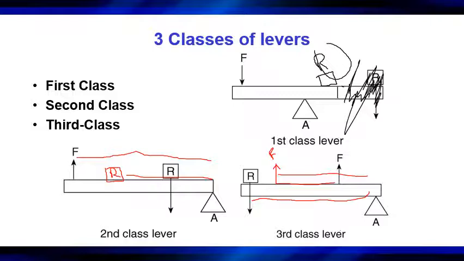So that resistance now is easier for you to move. If we kept this like this, we push down to get that to go up, there's less force required. So again, step one in identifying what class of lever you're looking at is to look at your components. Look at where your axis is.